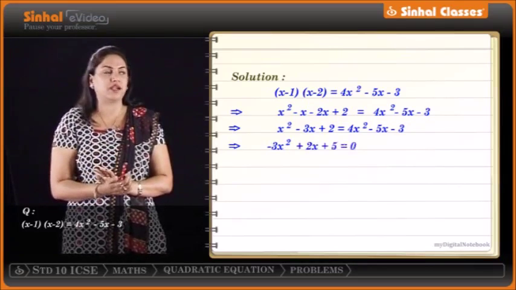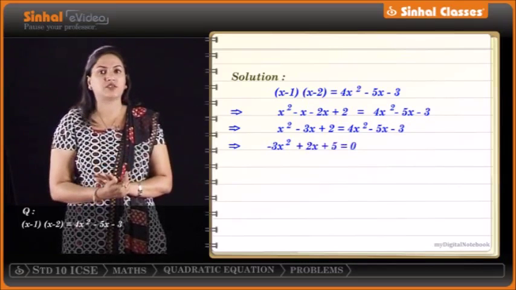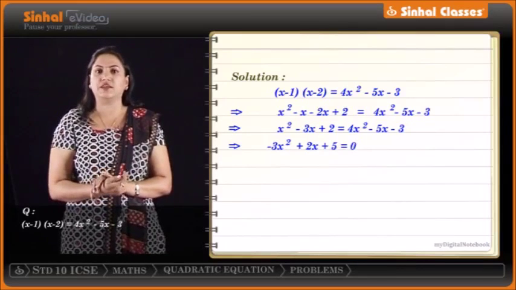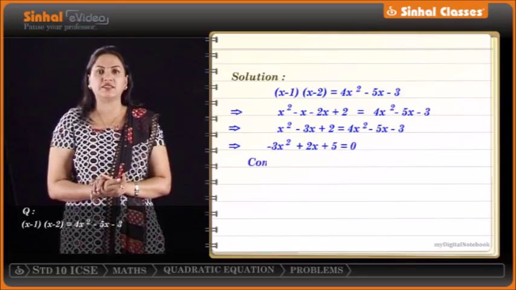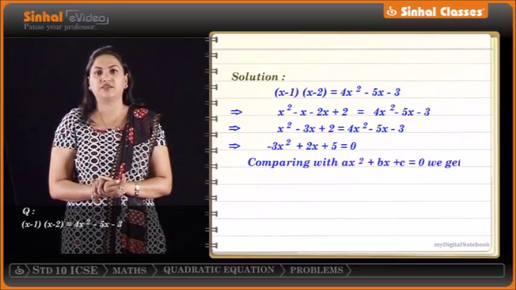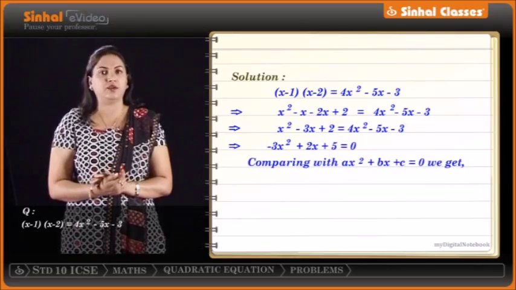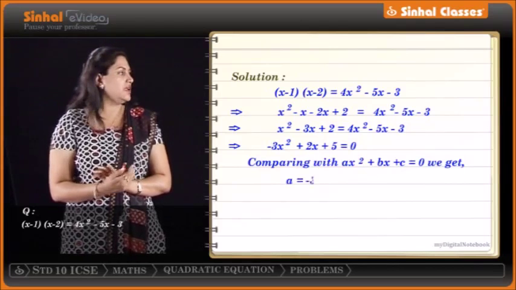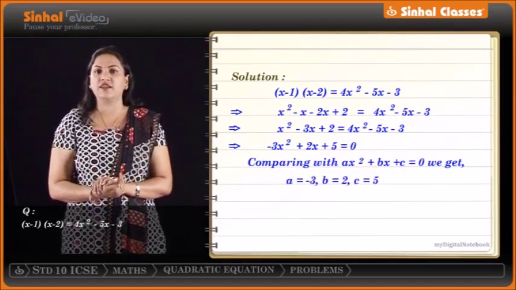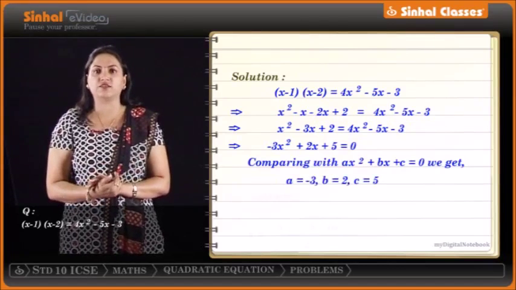So the equation becomes minus 3x square plus 2x plus 5 is equal to 0. Now we compare this with ax square plus bx plus c is equal to 0. We get a equal to minus 3, b equal to 2 and c is equal to 5. We have the formula to find out the roots.